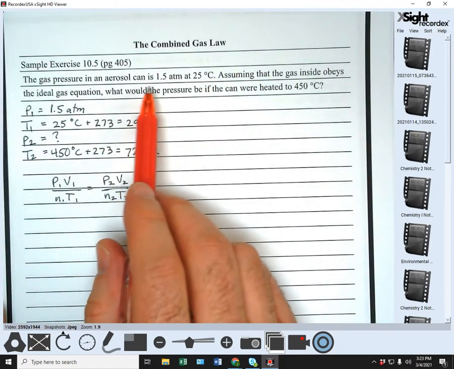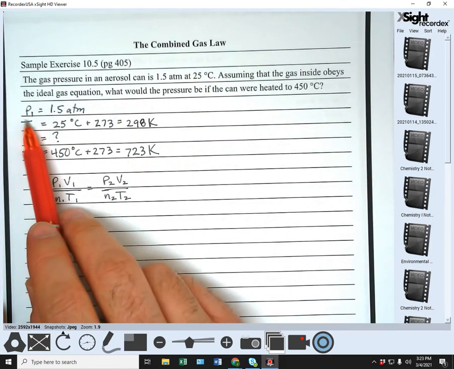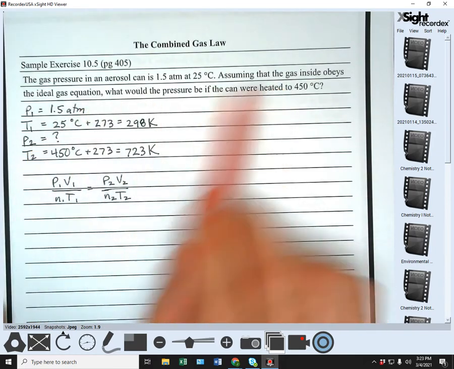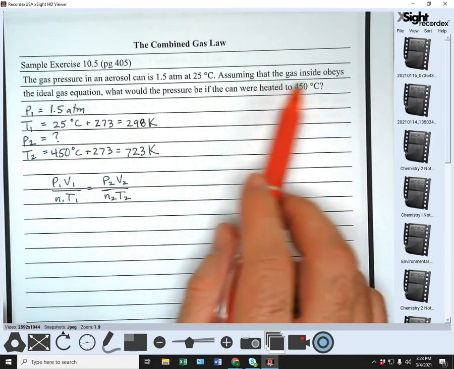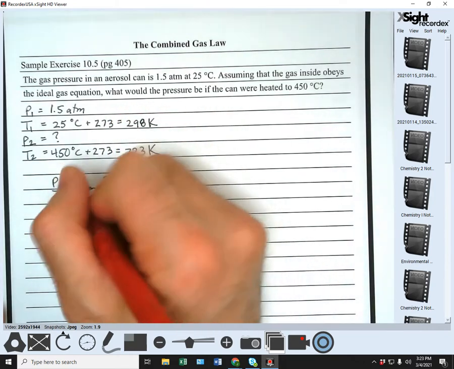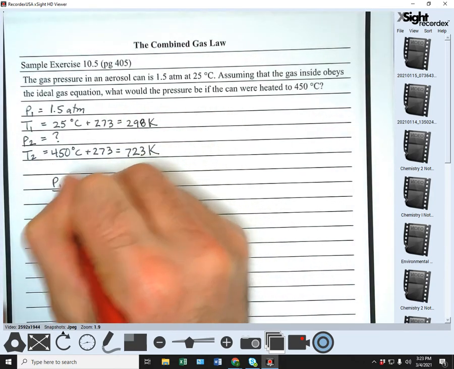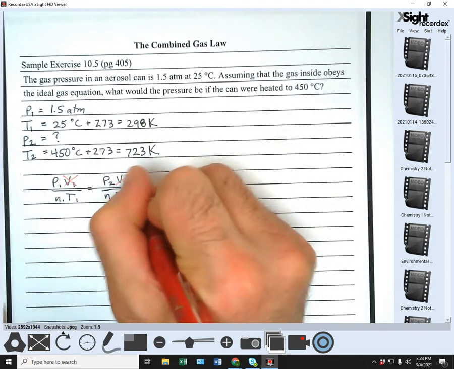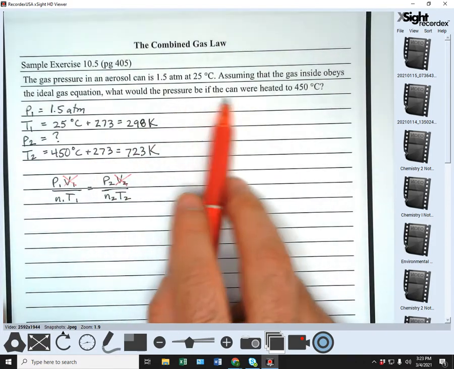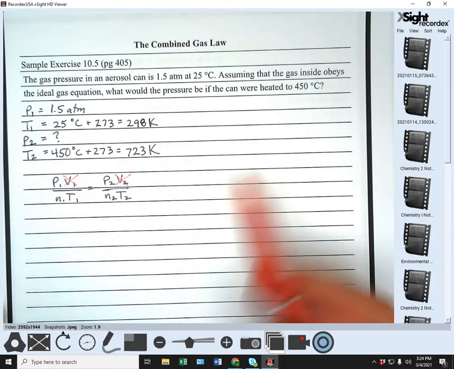So the pressure changes, we know that. The temperature changes. It doesn't say anything about the volume. It's the same volume though, so we're assuming the volume stays the same. So we're going to ignore the volume, take that out. And it doesn't say anything about the number of moles, but if it's inside a can, the amount should stay the same too.